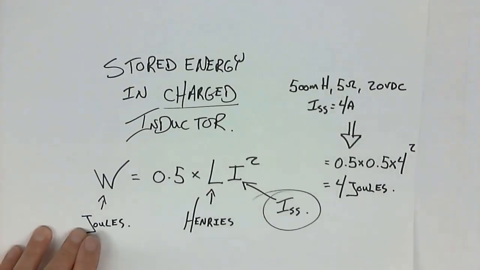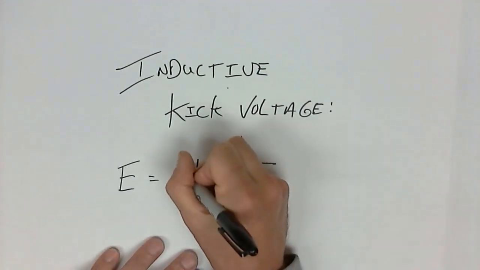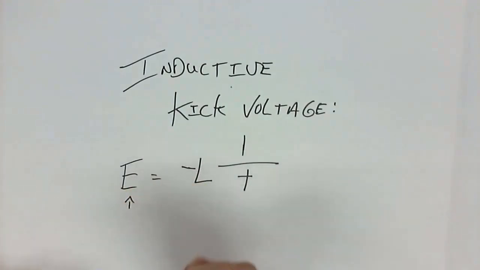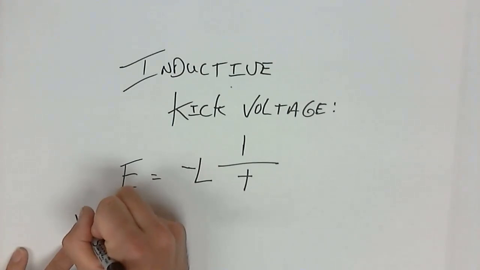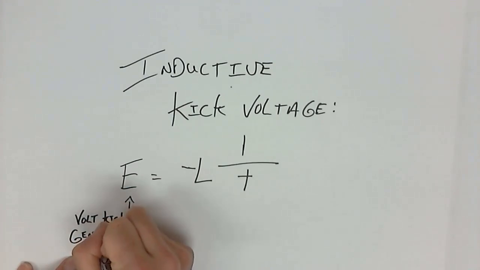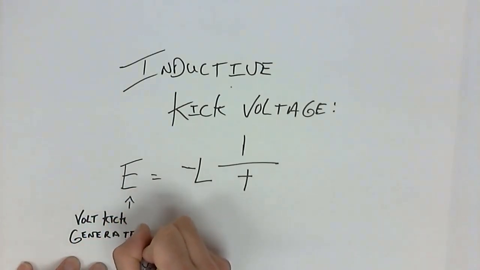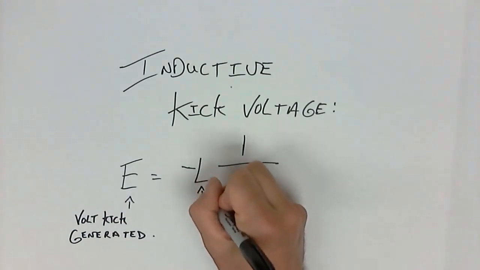All right, so let's look at the final calculation to do with DC circuits with an inductive resistive component, and that's this here, inductive voltage kick. Inductive voltage kick takes into account the voltage that is going to be generated when we open the circuit. So we'd say that's the voltage kick. L being the henries of our inductor.